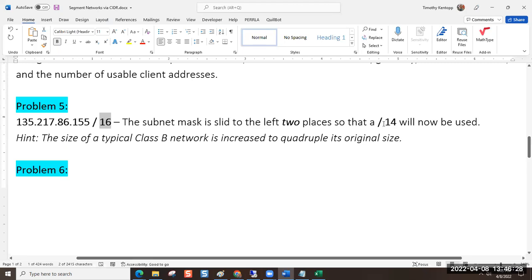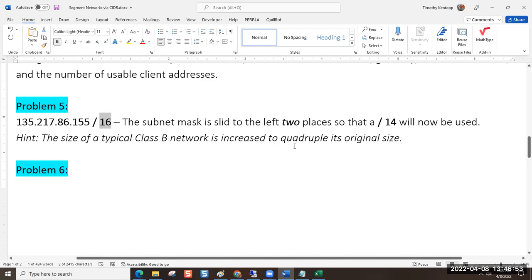I'm moving to a /14. I'm going to the left instead of the right, and I'm going 2 places. 2 to the second is 4. It's quadruple the size. I'm quadrupling the original size of that network. So I had 65,536 total addresses. Wow.